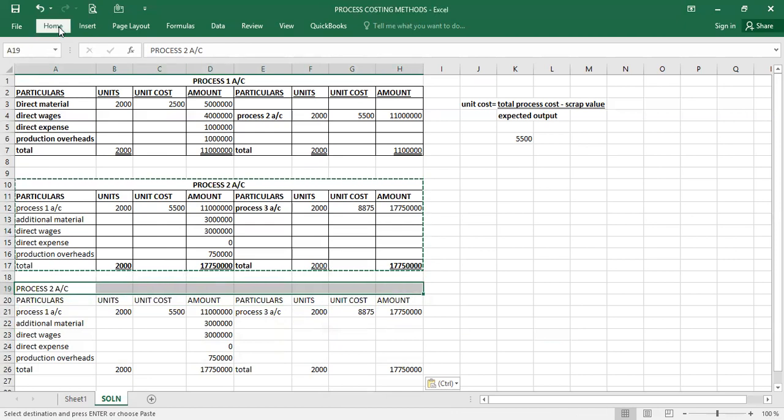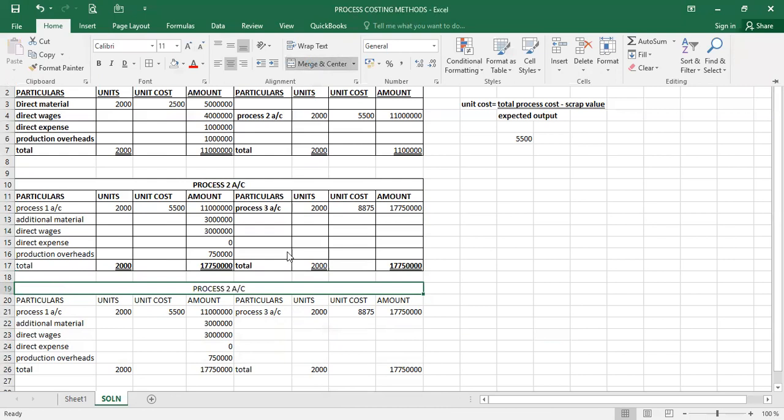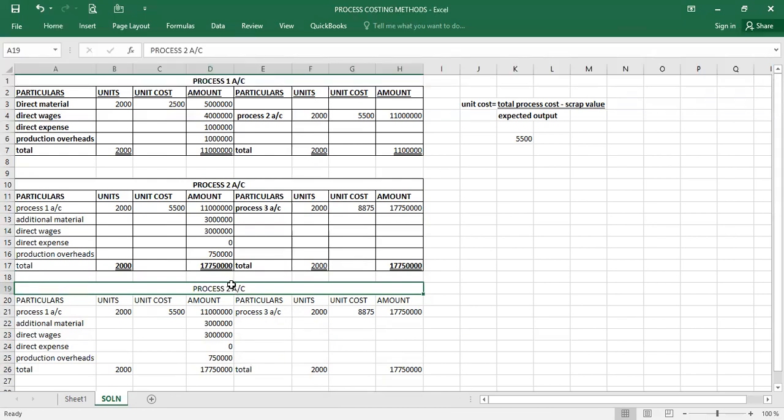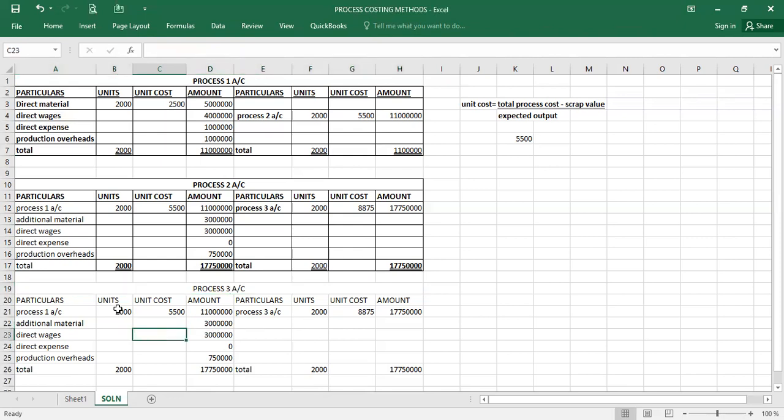And try to merge this. But now this is process 3. This is process 3. And try to remove the whole of this.